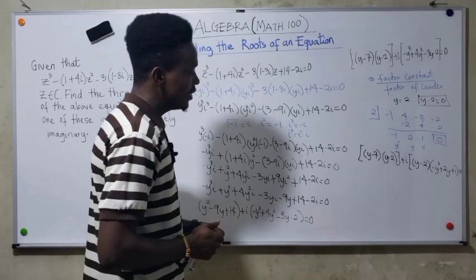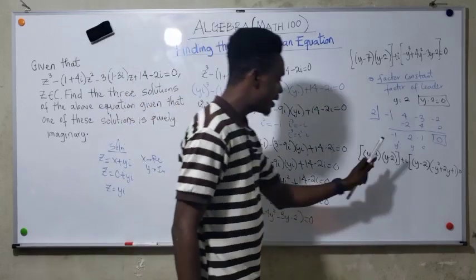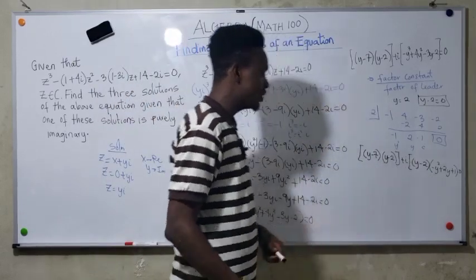So we can check to see if we have a common factor. We realize that y minus 2 is common.